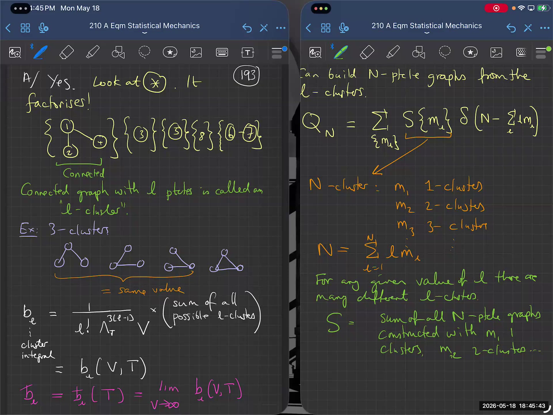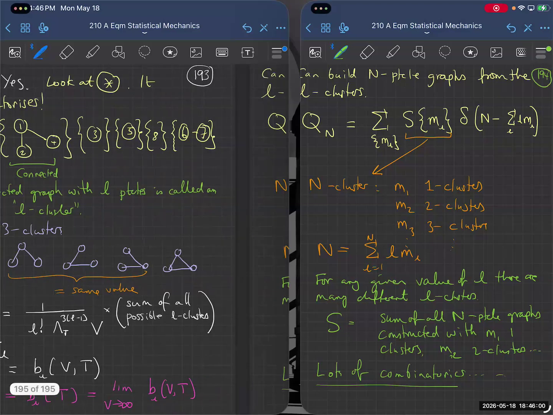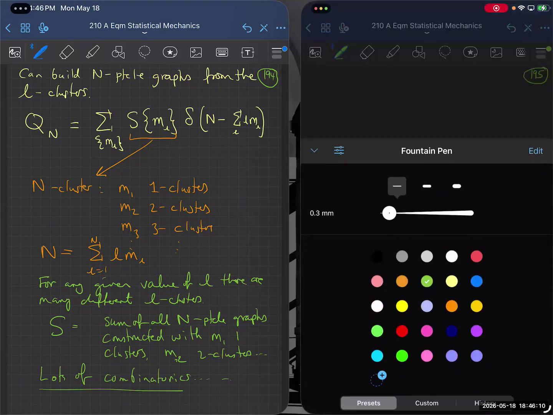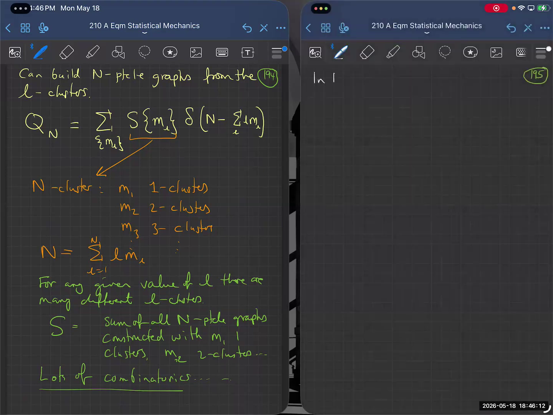So then you have to do lots of calculation, and they're in the notes, so I'm not going to go through them. And in the end, you get something that you can actually calculate.